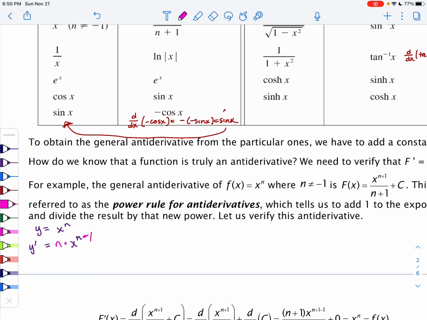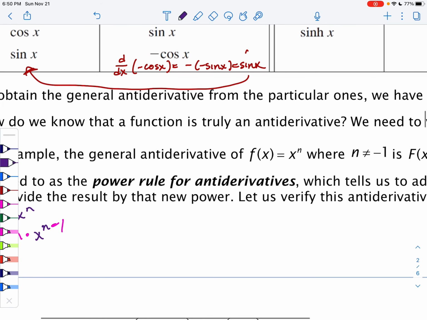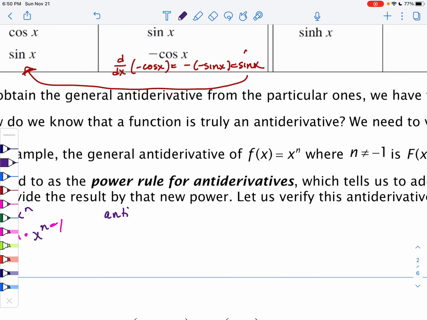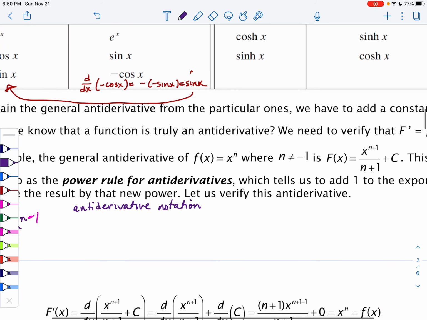And I'm going to introduce some antiderivative notation, which will make sense in the coming chapter when we study the fundamental theorem of calculus. The anti-notation is the integral.